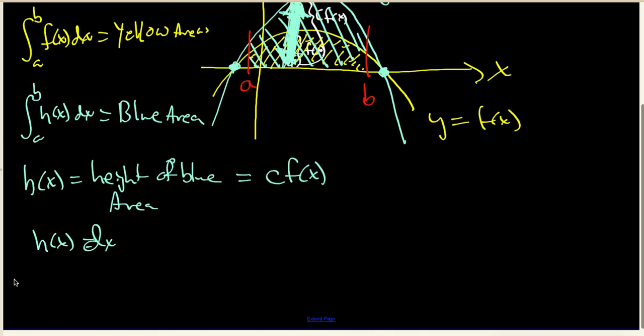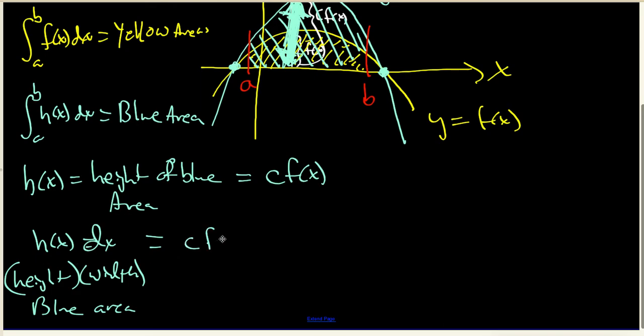So when we're looking at the height times width for the blue area, that is going to be equal to, well, h of x is c times f of x times that dx. But multiplication is commutative and associative, so I can regroup this and get this written as c times f of x times dx.